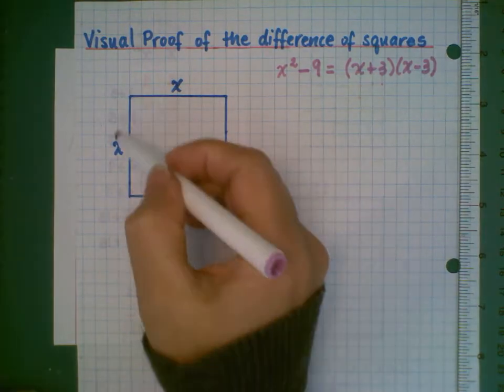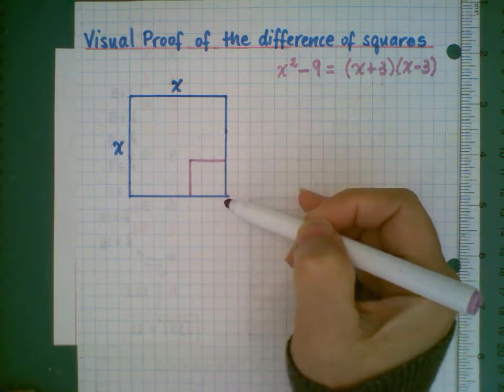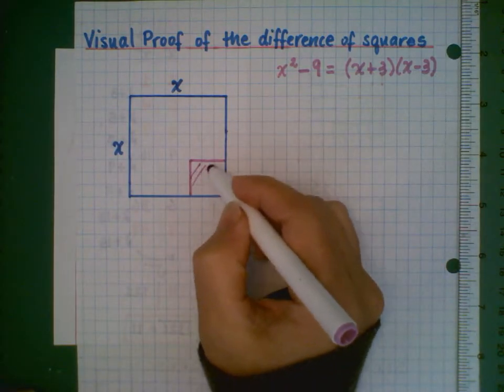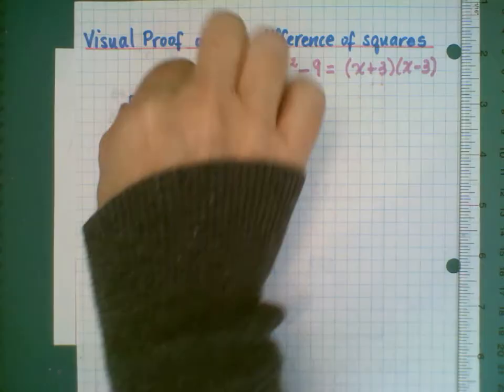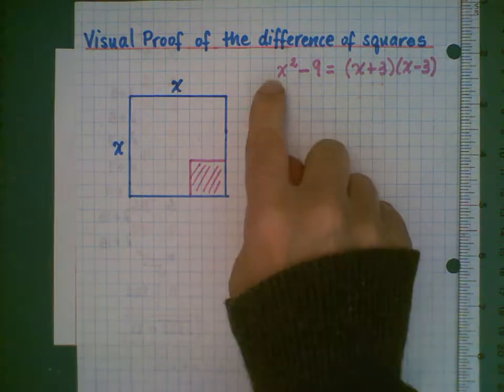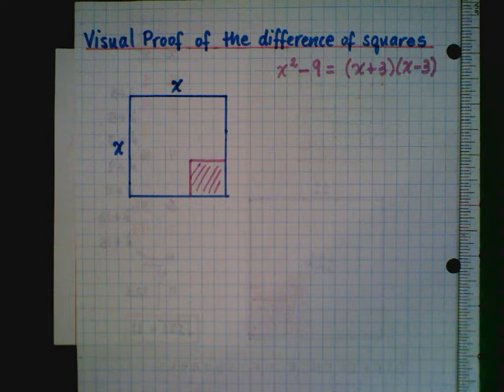So you can picture that I have the blue square has been cut out of something, and then I'm going to remove 9 square units from the bottom right-hand corner. And the remaining space here is worth x squared minus 9.